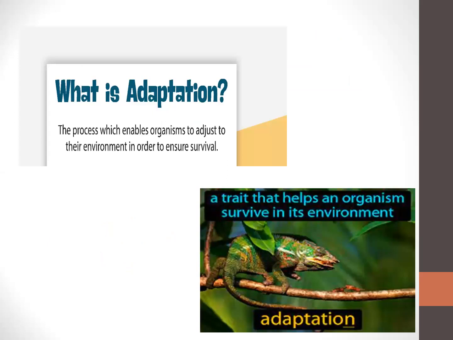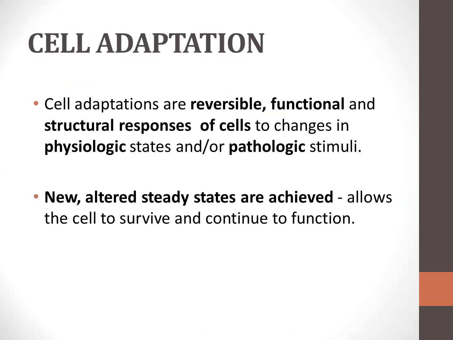What is adaptation? It is the process which enables organisms to adjust to their environment or to the changes in the environment so that they can survive. Cell adaptations are reversible, functional, and structural responses of cells to changes in either the physiological states or pathological stimuli.